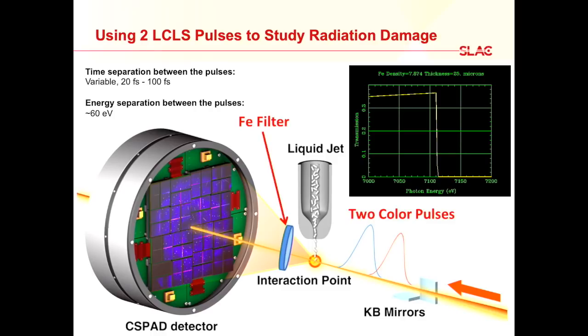So that allows us to damage the sample with the blue X-rays and measure the structure of the damaged sample with the red X-rays. So compared to the movies I showed before, the time scale of this is a billion times faster, basically. So that is the type of measurements we need to do to understand if our assumptions that the sample is not damaged are valid or not.